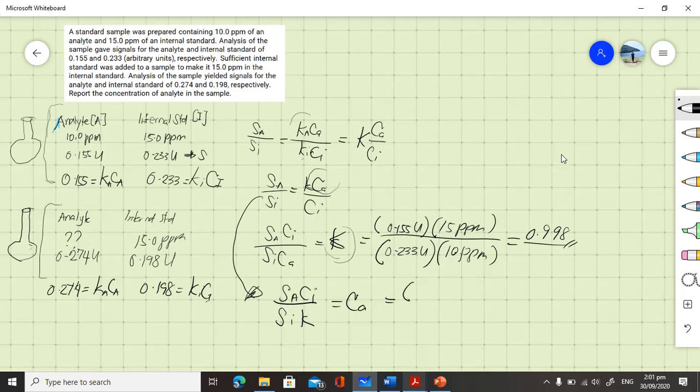So that means the values you will substitute are those from the second flask. Because the first flask, flask 1, you use that to calculate for K. Okay?